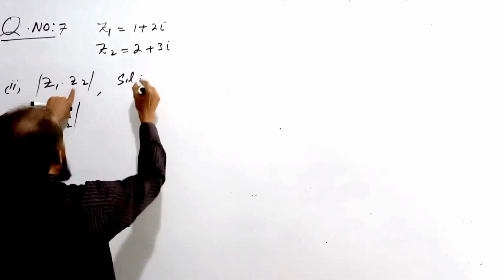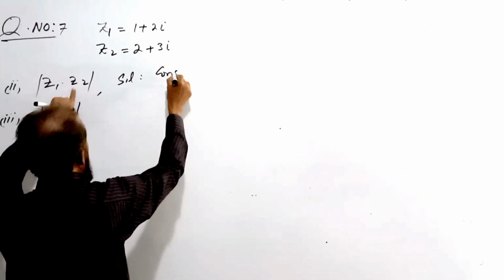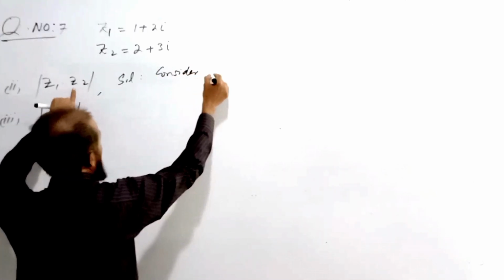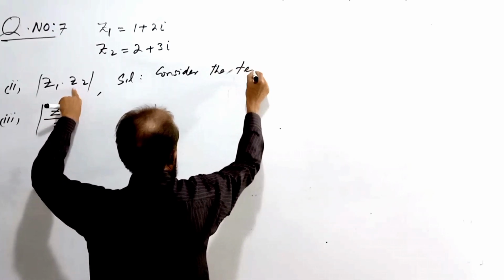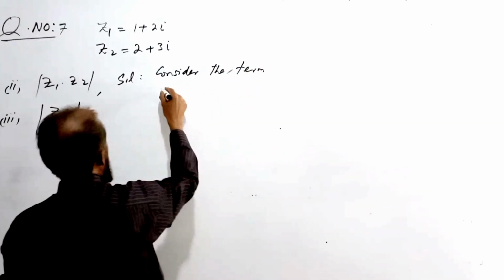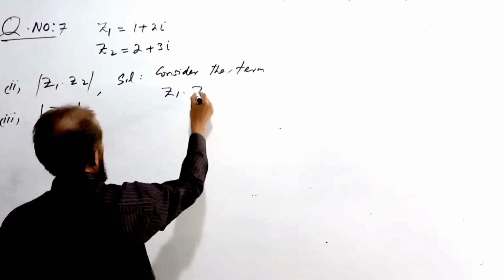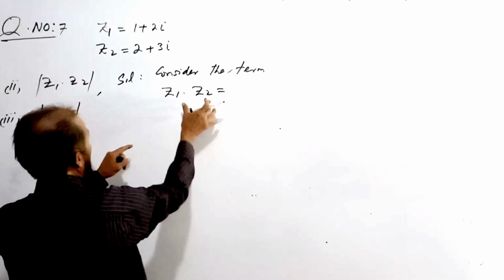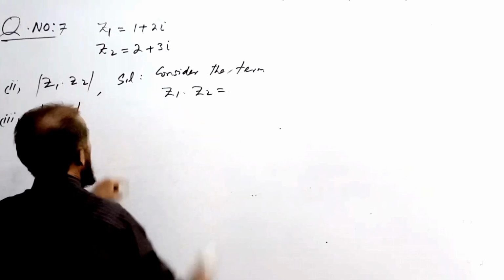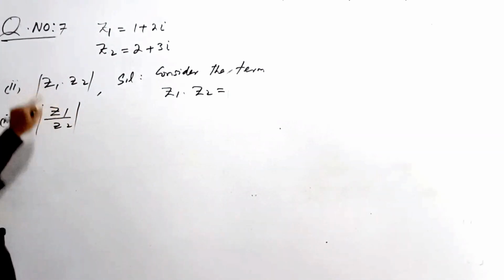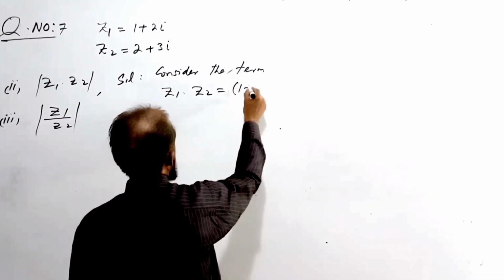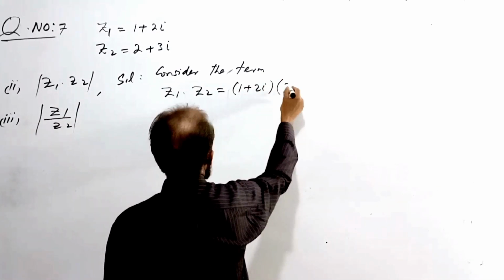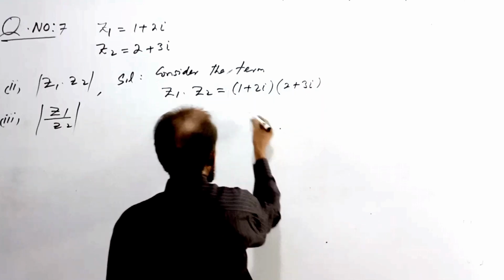First of all, we consider the term Z1 dot Z2. First of all, we multiply these two terms, then after the solution of this one, we take the modulus of this one. Z1 is 1 plus 2 iota and Z2 is 2 plus 3 iota.